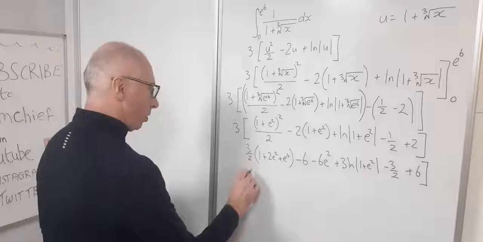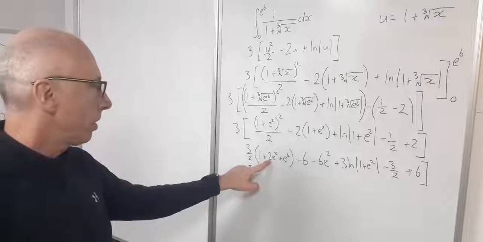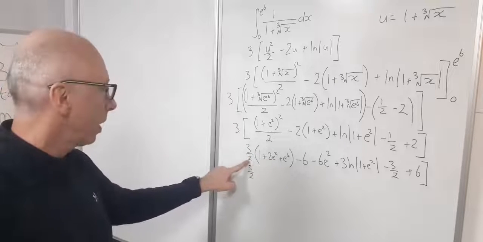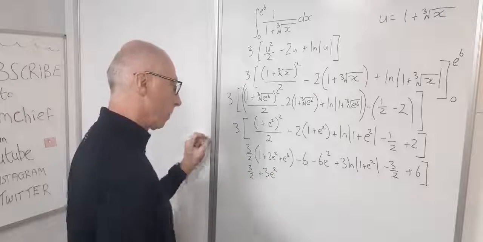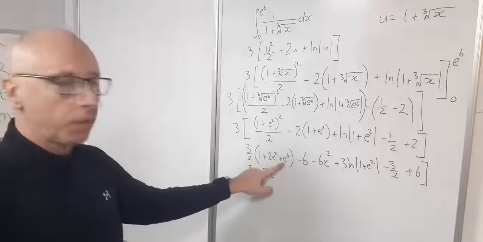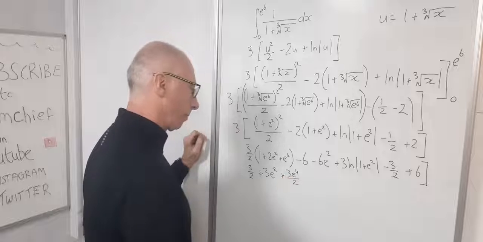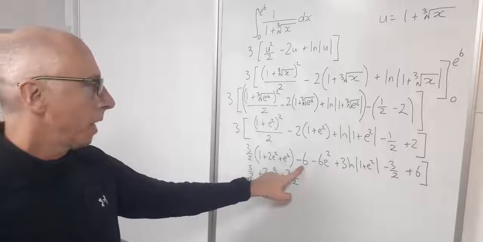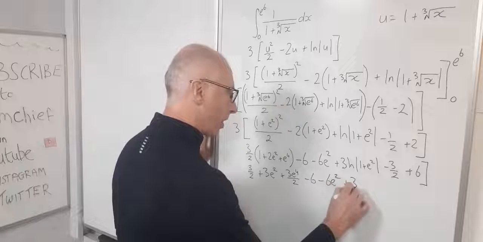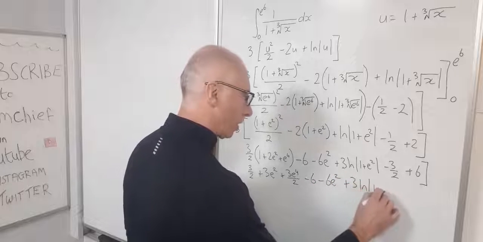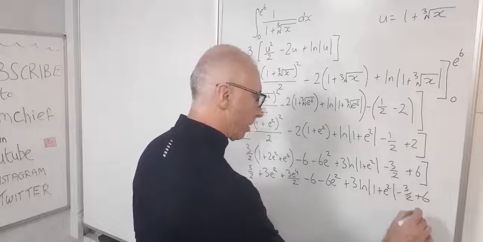So now 3 over 2 times 1 gives me 3 over 2. Plus this one, 3 times 2 is 6 divided by 2, that's 3, so now I've got plus 3e squared. And then 3 over 2 e to the 4, that's going to give me plus 3e to the 4 over 2. Now minus 6, minus 6e squared, plus 3 ln 1 plus e squared, minus 3 over 2, plus 6.